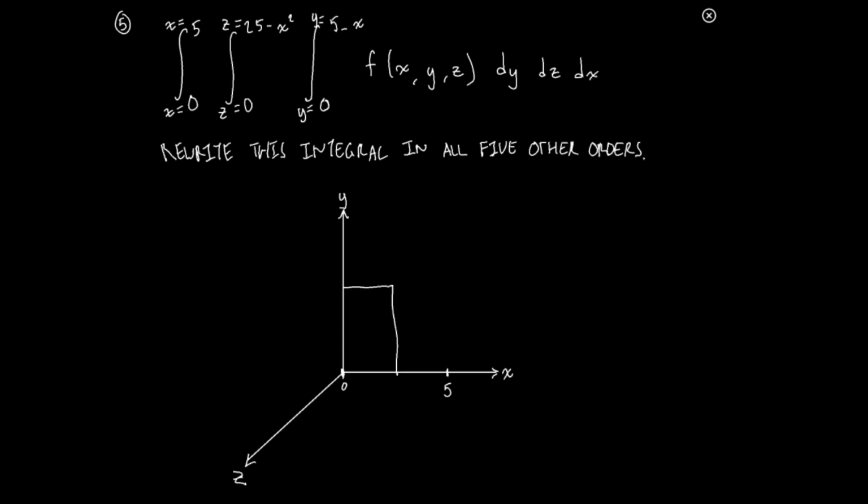Well, I think it looks like a parabola, right? It looks like a parabola that is at 25 in one direction. If this is positive z, then we're looking at a parabola that goes sort of this way, like this.